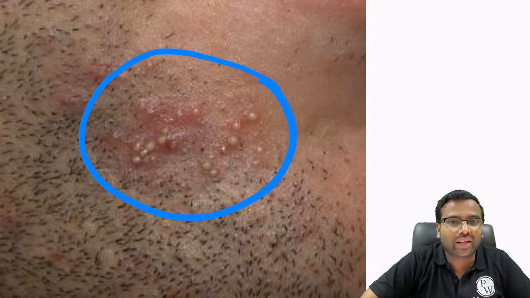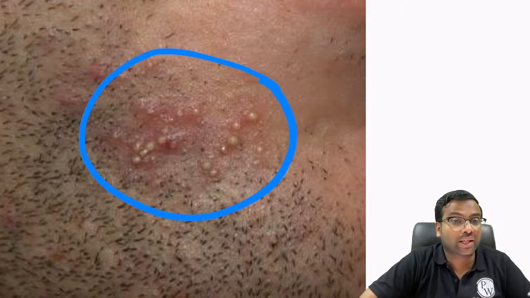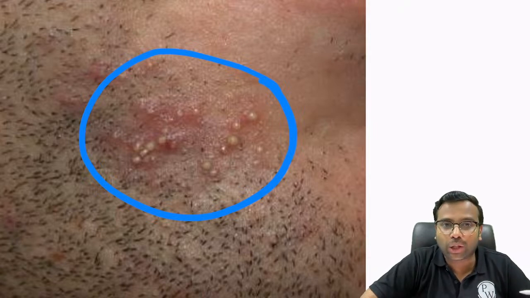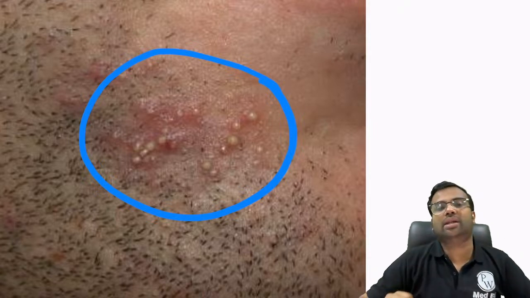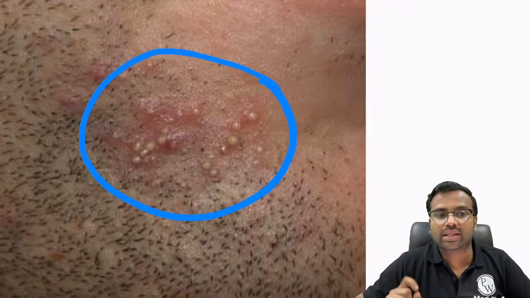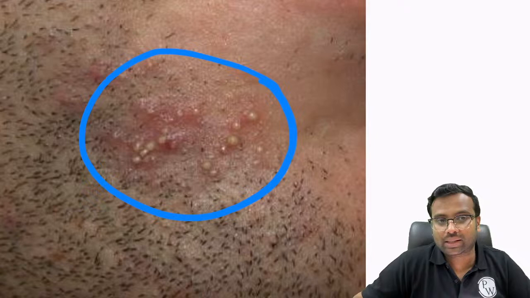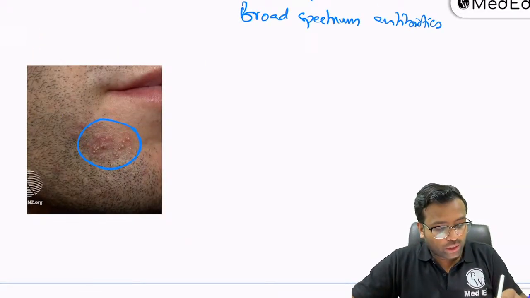Why I don't agree with herpes is, in herpes, please remember, the patient will always present with multiple vesicles, fluid filled lesions. But these are not fluid filled lesions. These are lesions that are filled with pus. So that is why we call this folliculitis.